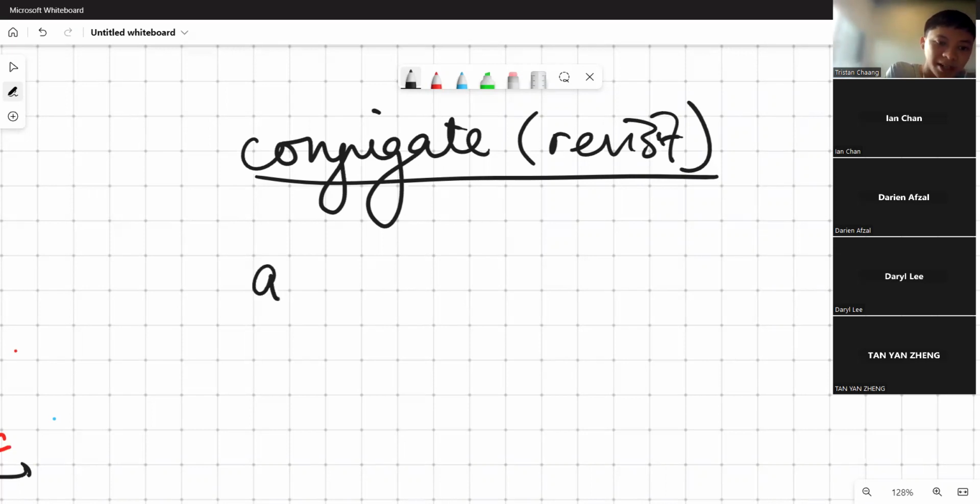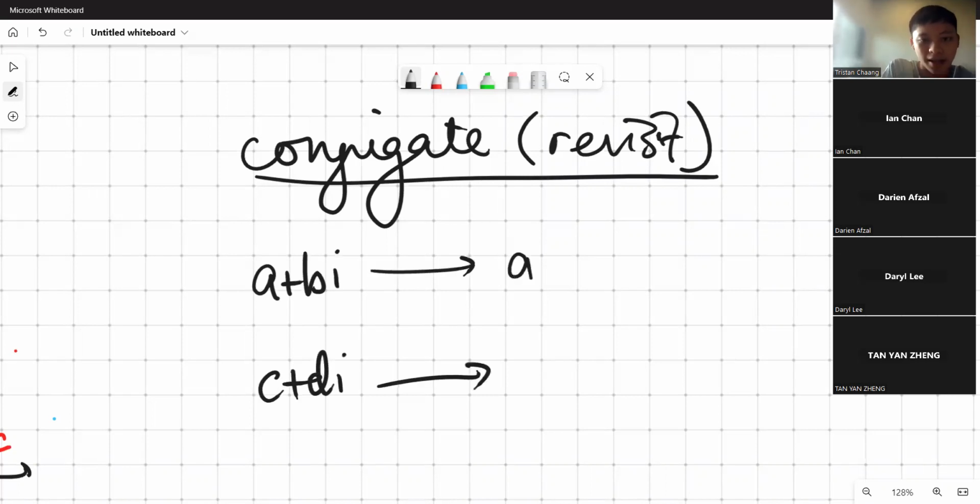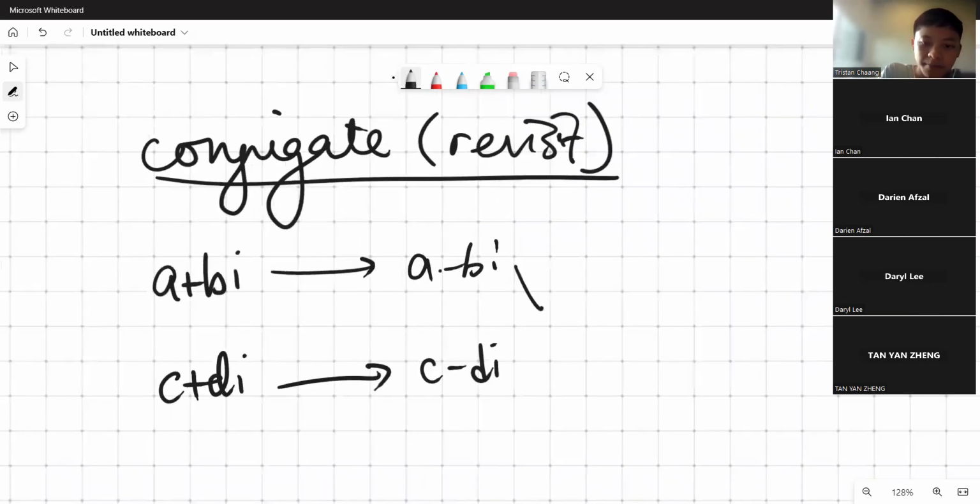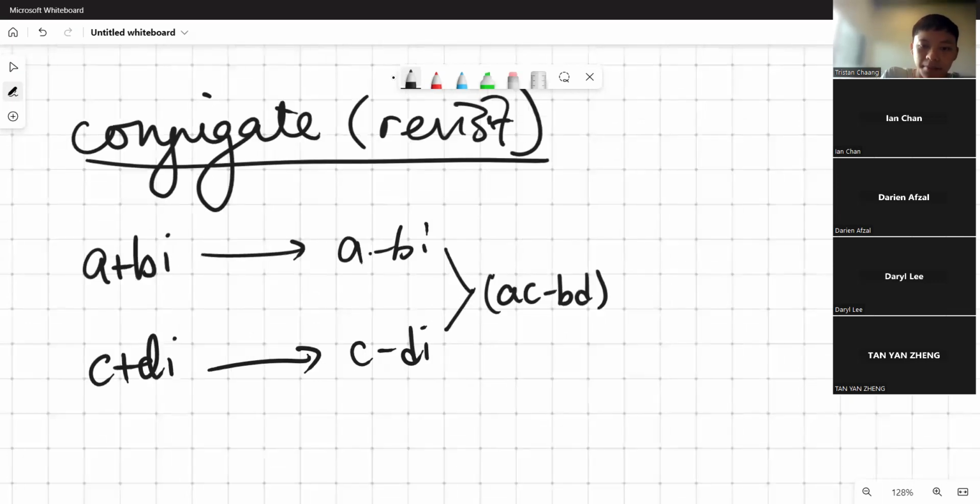If a plus bi and c plus di, I conjugate them, I get a minus bi and c minus di. But then if I multiply them, I would get ac minus bd minus bc plus ad.